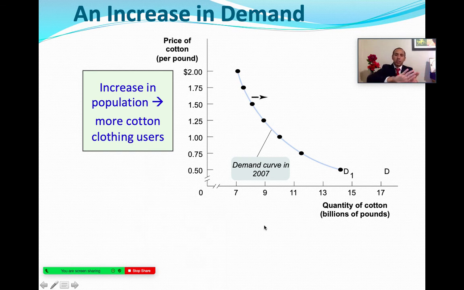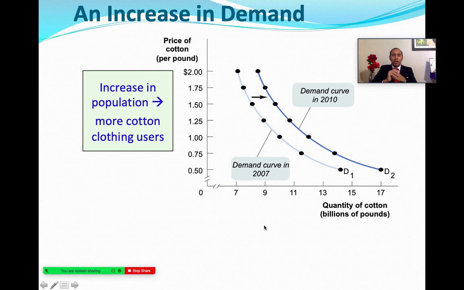That will increase the total demand, and the demand curve can shift. So this is the demand curve in 2007. By 2010, we have more population, more people. The total demand increases at any given price. So people buy more of everything. The demand curve shifts.